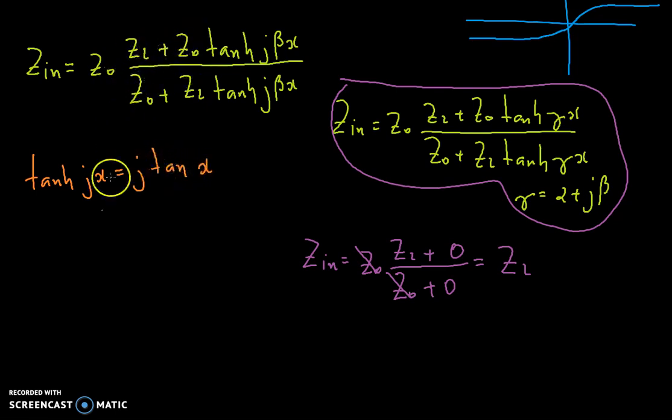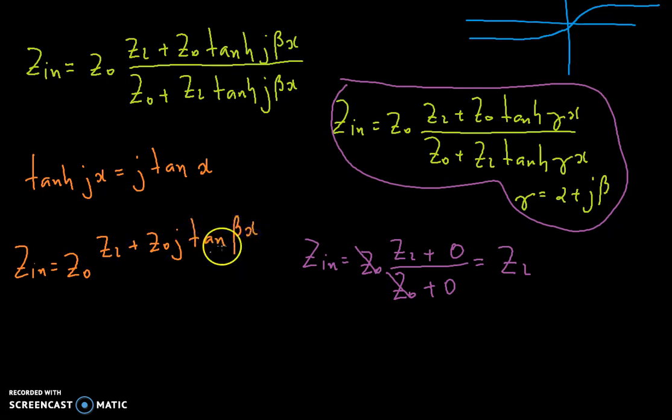So we can also write this here as Zin is equal to z naught times zl plus z naught times j times tangent of beta x divided by z naught plus zl times j times the tangent of beta x.